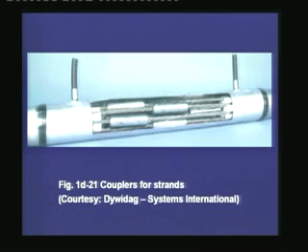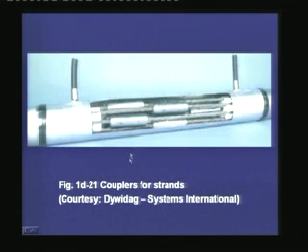As I mentioned before, there can be several patented types of couplers. Here this is another type of coupler where the individual strands are coupled together. Instead of the whole group being coupled at one location, the individual strands are coupled at different locations. Here the coupling of the individual strands is staggered.